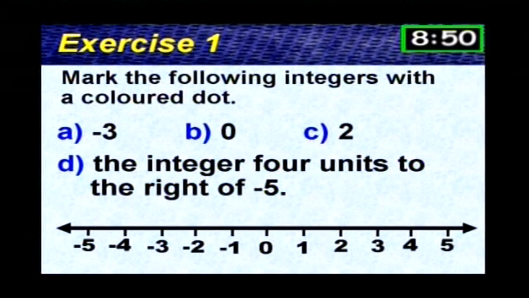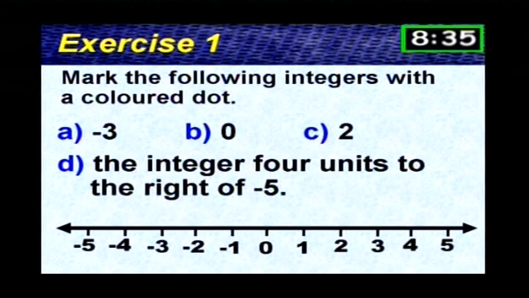Okay, exercise 1, you have A. You are to plot A on your number line, -3. So you find on your number line where -3 is, you plot your dot and also write the letter. Is that clear, 7's?